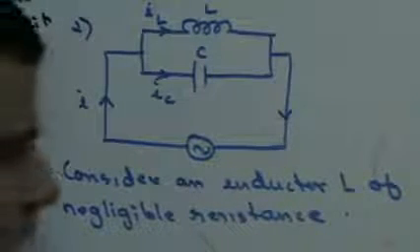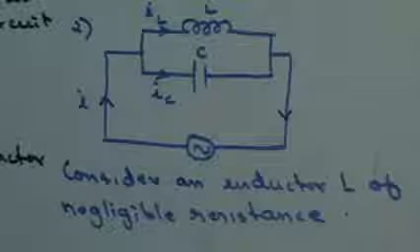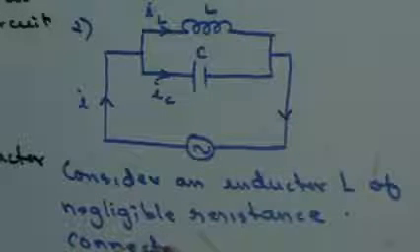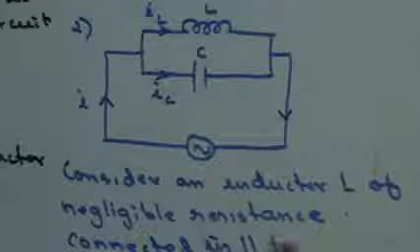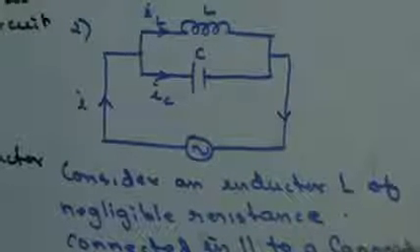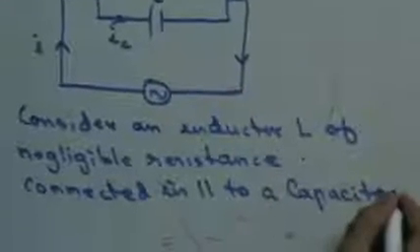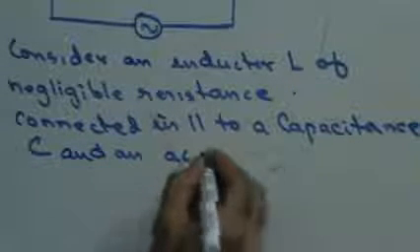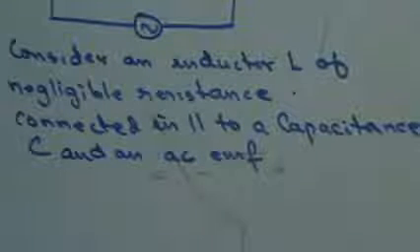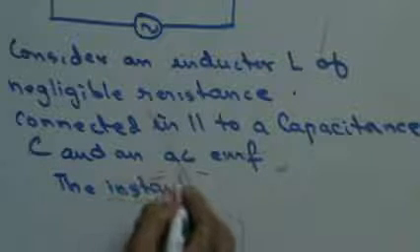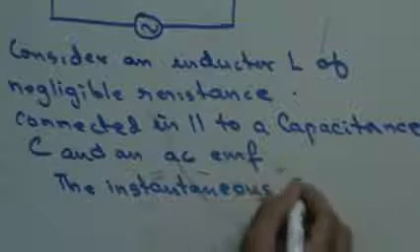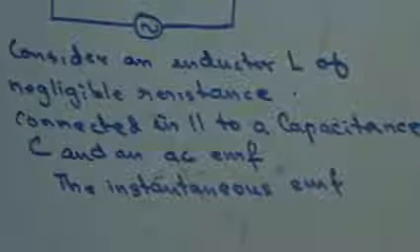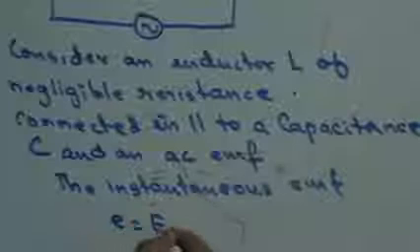So we are going to make sure that we take an inductor of negligible resistance connected in parallel to a capacitor C, and an alternating EMF, right? Now, in that case, the instantaneous EMF in the circuit will be E = E0 sin omega t, right?